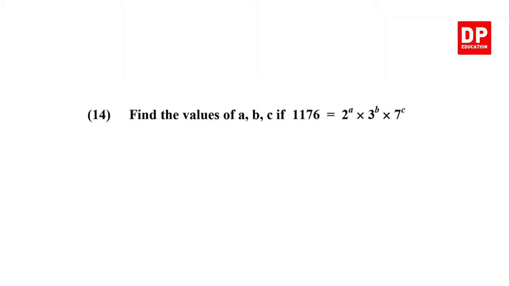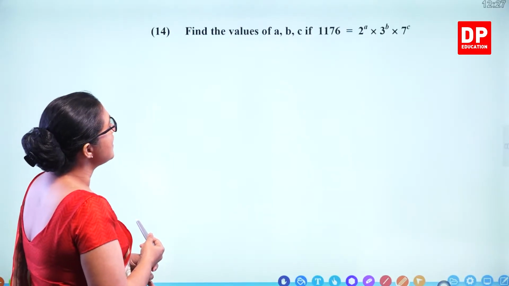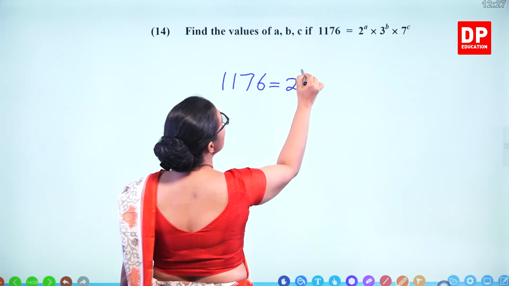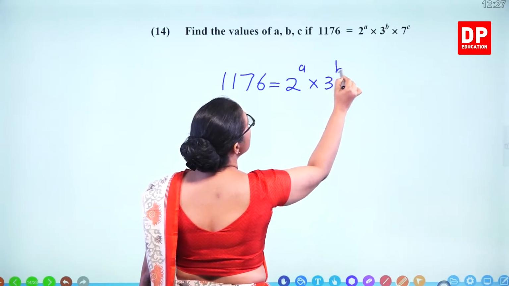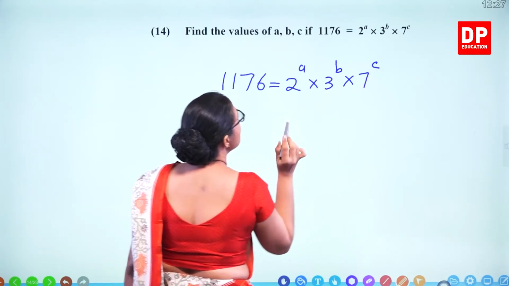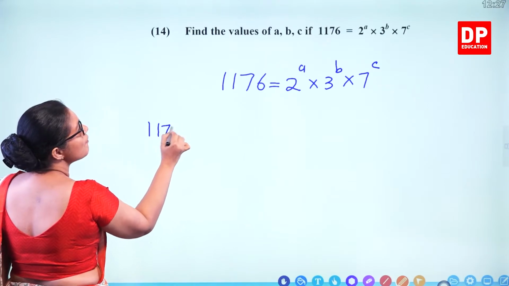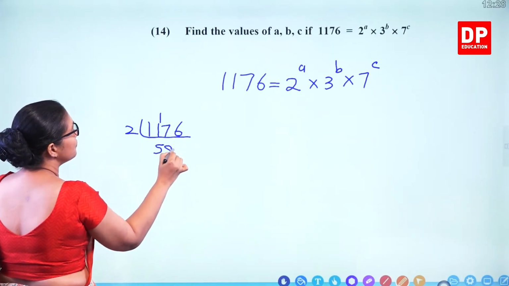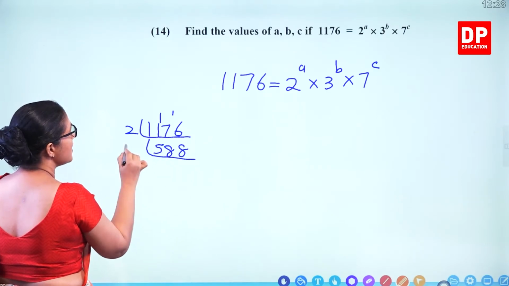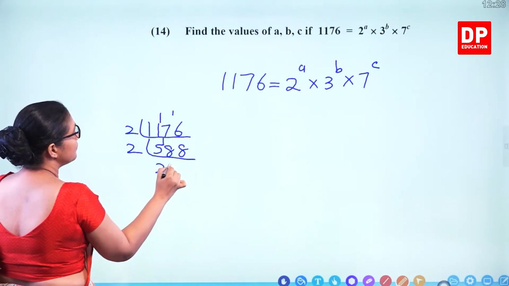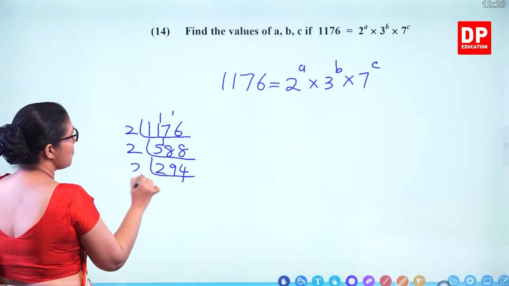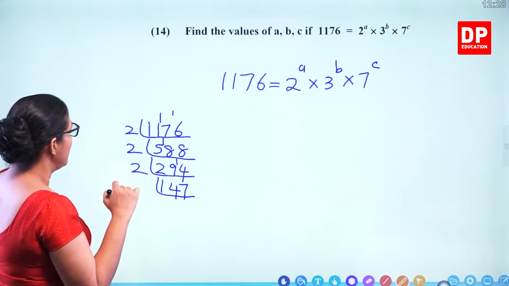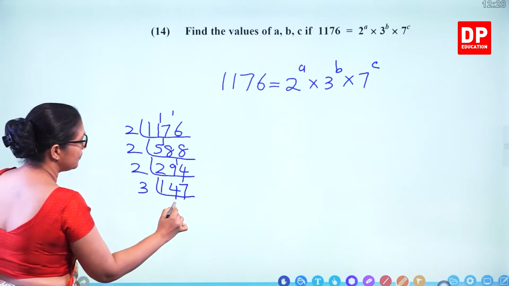Question number 14. Find the values of A, B, C. 1176 is 2 to the power A, 3 to the power B and 7 to the power C. So that means we can divide and see what are the factors. Divide by 2, 588. Divide by 2 again. Divide by 2. Now you can't divide by 2. Now 3.